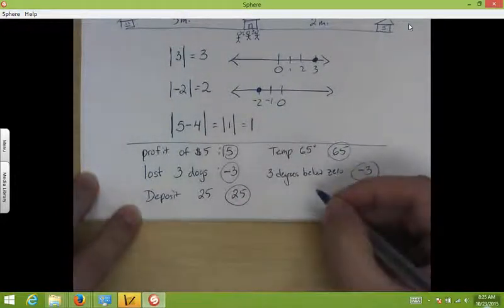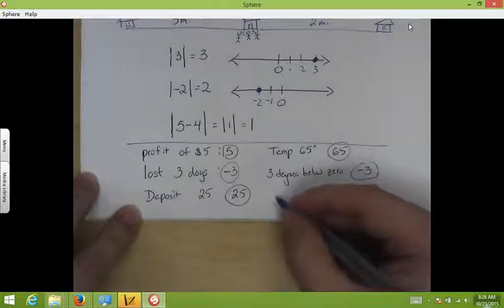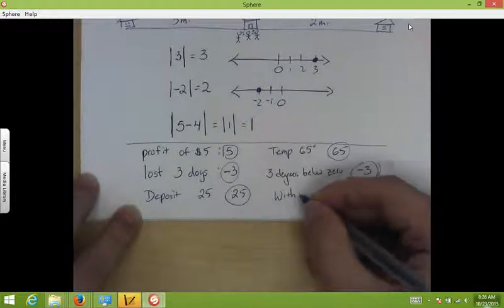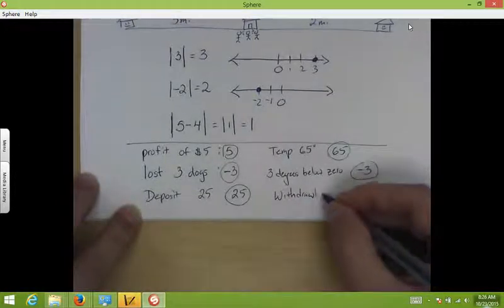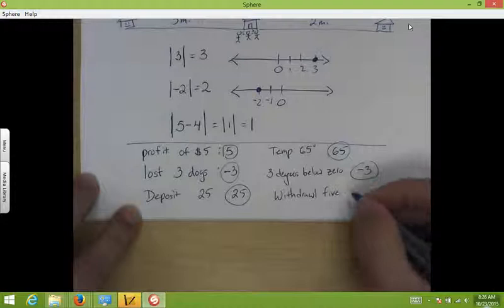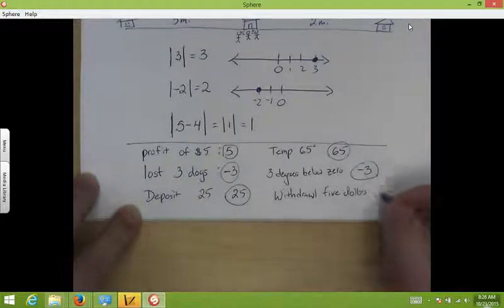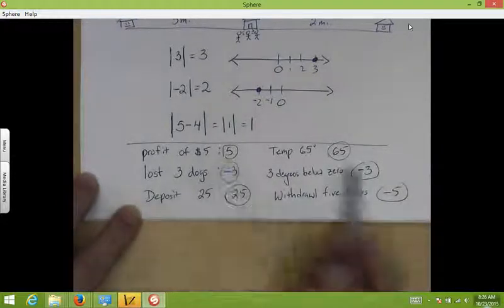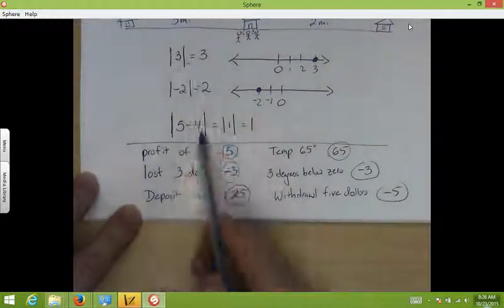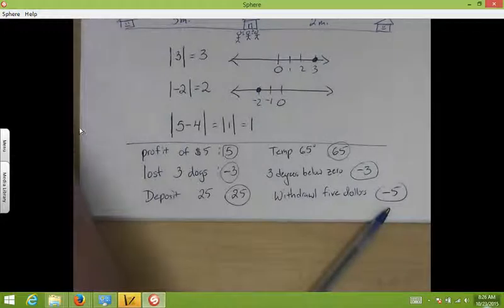Now let's say the next day you went to your bank account and you took away 5 bucks. We call that a withdrawal. If you took away 5 bucks, minus 5. So these are how we write integers. This is how we do absolute value. That's integers and absolute value.